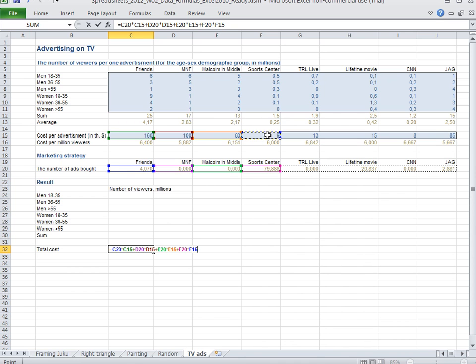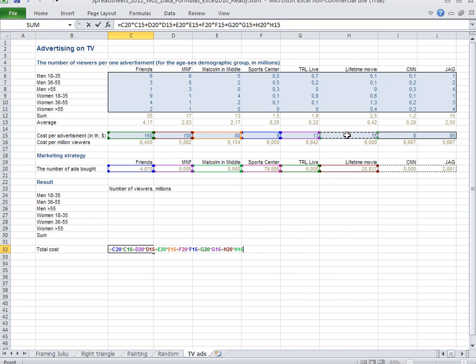Okay, the first multiplication was something like 640, now 720 added on top of that, plus nothing in Total Request Live, so 0 will be multiplied with 13. Now some more, 20 in Lifetime Movies, so 20 advertisements multiplied by $15,000.